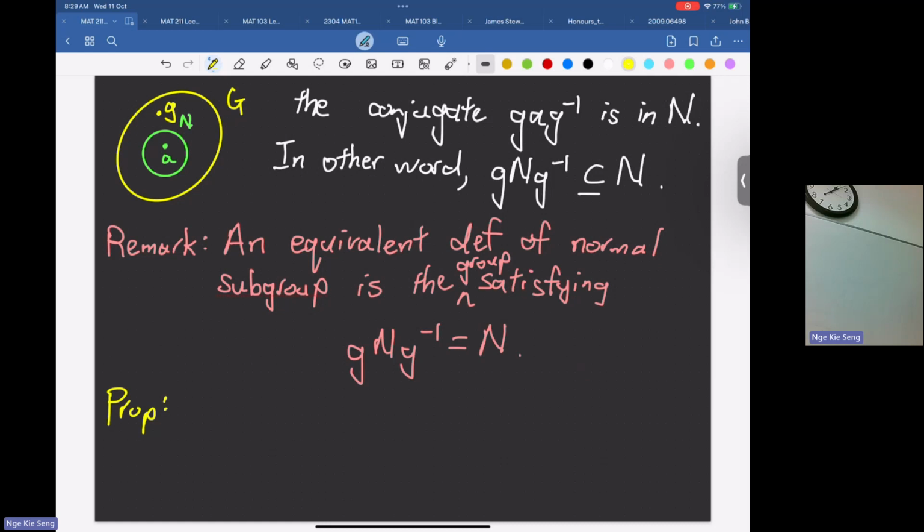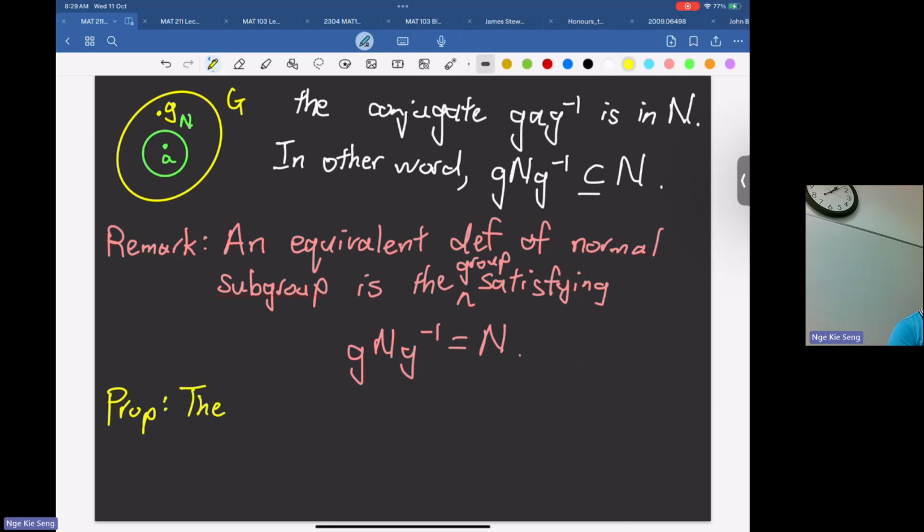Adjective has to live on the object, right? Okay, you are too advanced already. That one will be done in maybe one or two weeks, I think two weeks' time. Too advanced. But what we will show instead is that every kernel is a normal subgroup. And then later we will see that actually every normal subgroup can be obtained from some kernel. Yeah, that one is very hard, so we'll do it later.